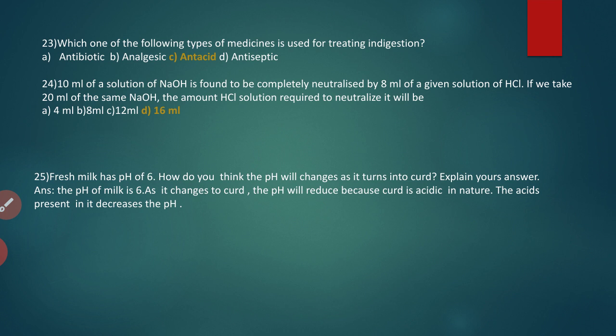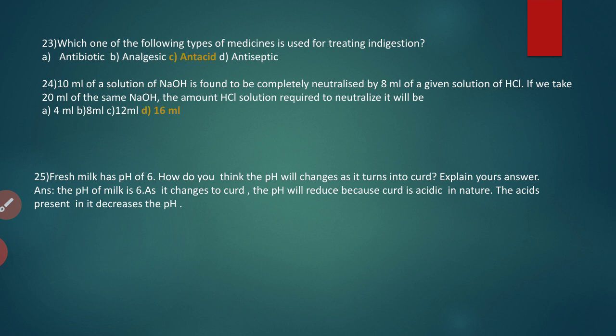The next one: which one of the following types of medicine is used for treating indigestion? So indigestion occurs when acid is released in our stomach. Okay, let's see the options. Antibiotic. So what is an antibiotic?